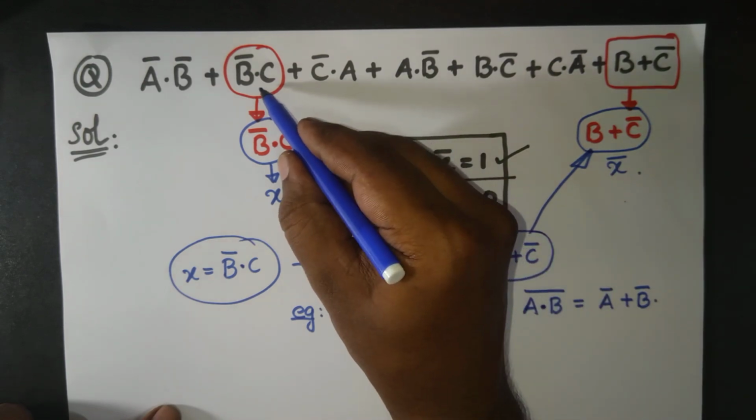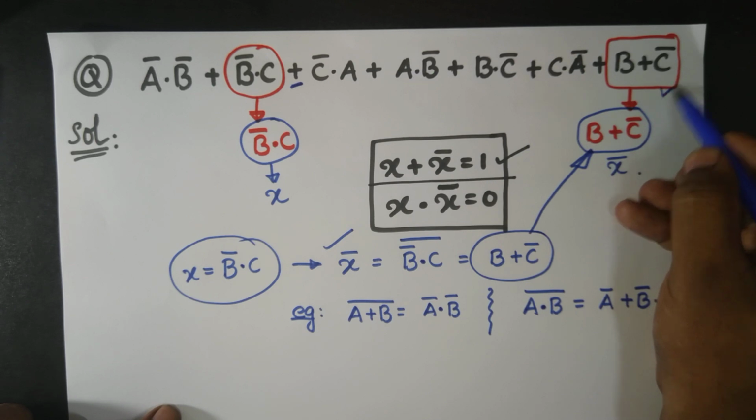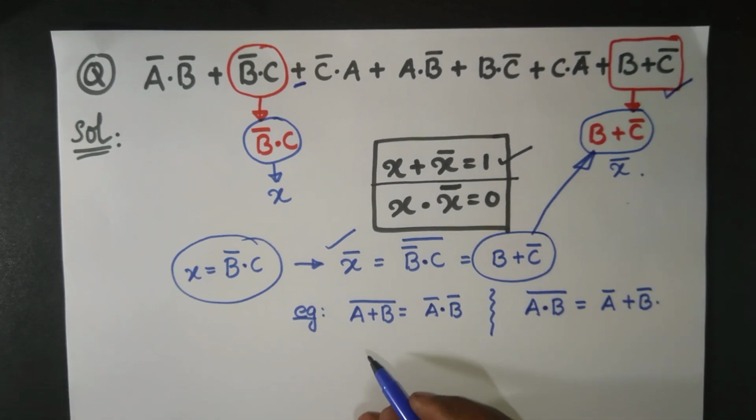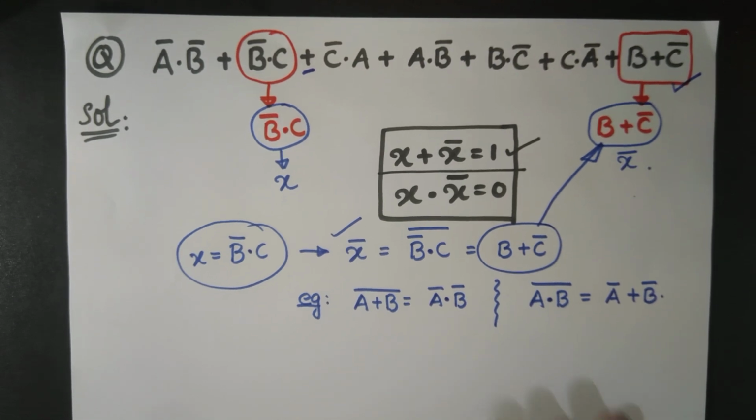So now this is X, and this is X or X complement, so whatever else you have doesn't matter. You have lots of stuff here. Let me use another color.